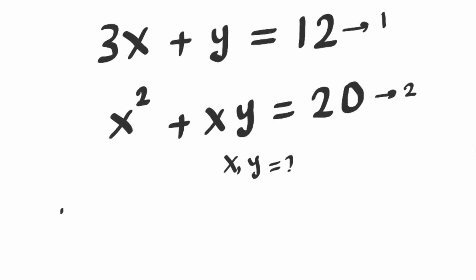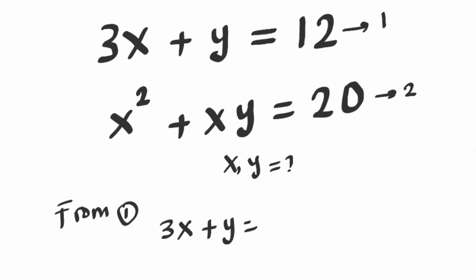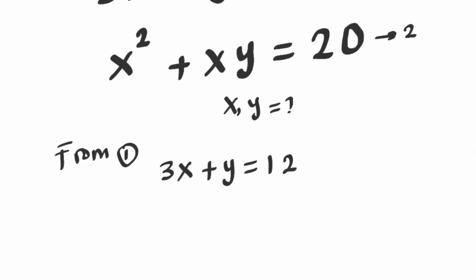Now from equation 1, 3x plus y is equal to 12. Let us make y the subject. y is equal to 12 minus 3x. Let us call this equation 3.